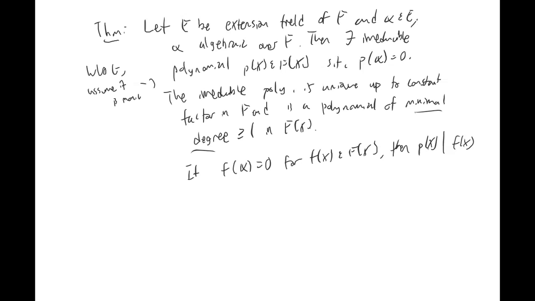Let me remind you, this is actually the crux theorem here. So why is this true? Well, you could define a map phi from F of x to E, given by sending f of x to f of alpha. This is some element in E, and the kernel is precisely the functions with alpha as root.